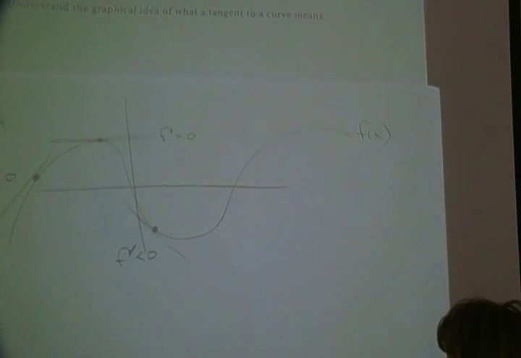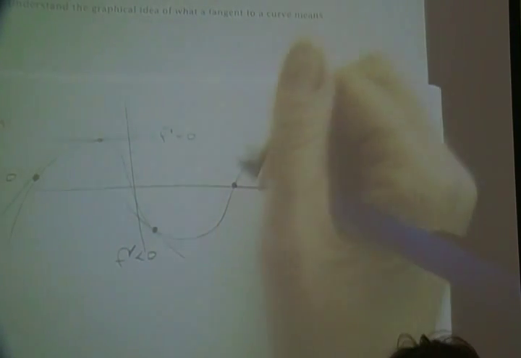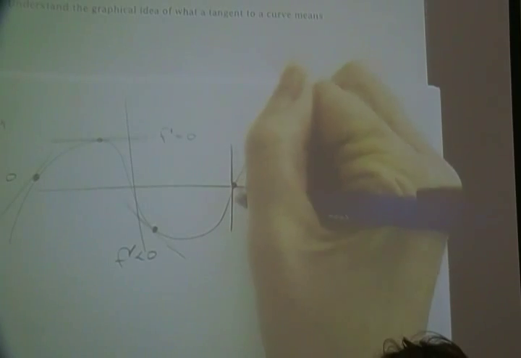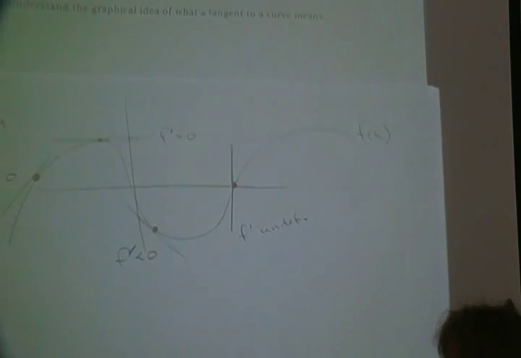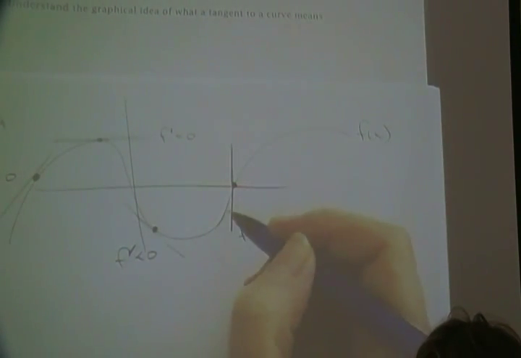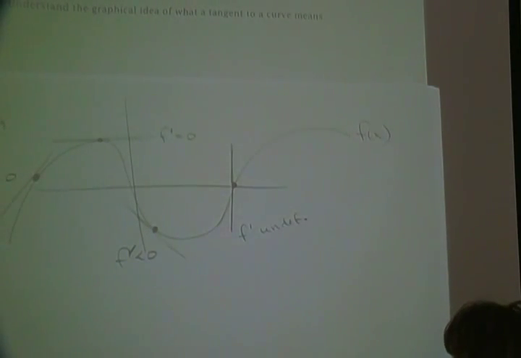And right here on the curve, the slope of the tangent line, which is sort of approximating the slope of the curve there, is negative. So the derivative would be negative. And there might be places on the curve, like here, where the slope of the tangent line is actually vertical, so the derivative is undefined, because your tangent lines get steeper and steeper and steeper, and they go vertical there.